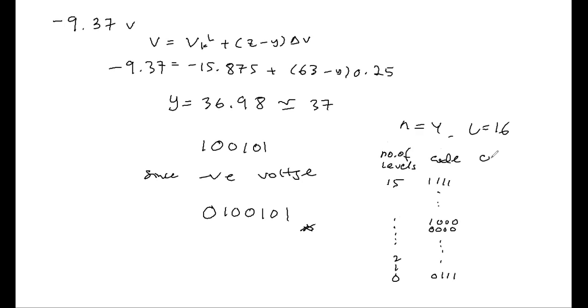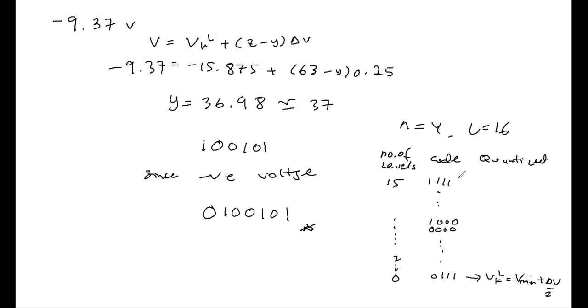Then you quantize the voltage for each level. For this you just use the formula. The lowest level, VKL, is equal to V min plus delta V over 2.